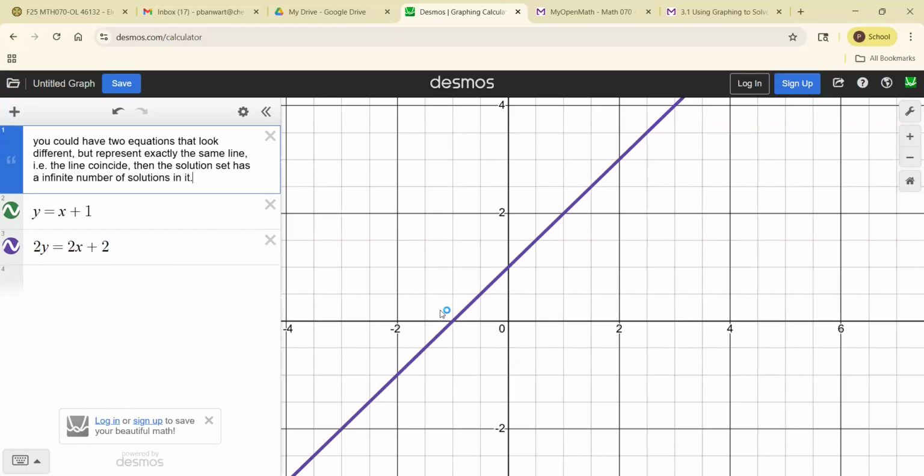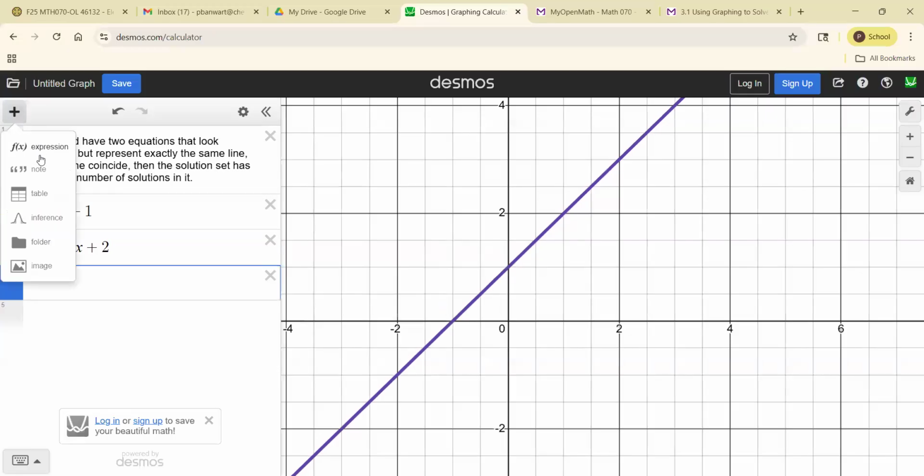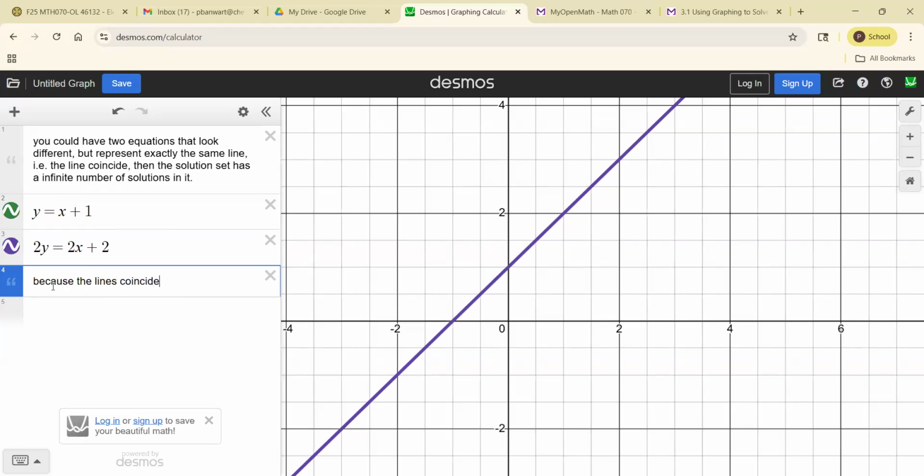This solution set includes 0, 1, and also -1, 0, and also 0.98, 1.98, and 1.45, 2.45. Every single one of these coordinate pairs is a solution to my system of equations. So I have an infinite, because the lines coincide, there is an infinite set of solutions to this system of equations.